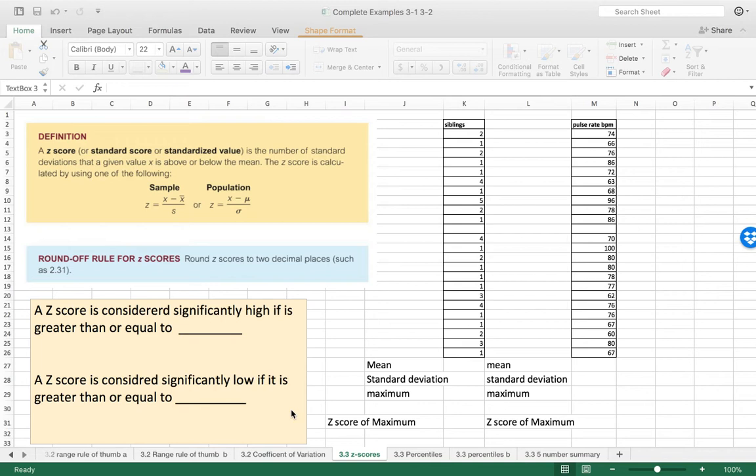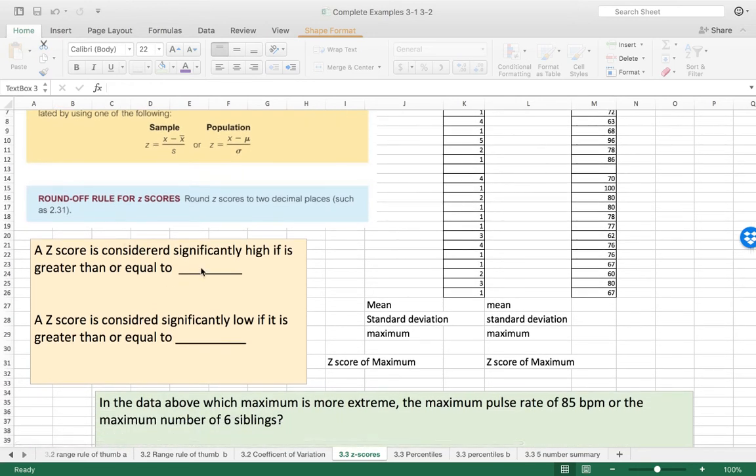Okay, first of all, z-scores are very important and they will appear again in chapter 6. Here is the definition for z-scores. Z-scores, or standardized scores, do not have a unit of measure. Basically, what you're going to do is take the data value, subtract the mean of the data, and divide by the standard deviation.